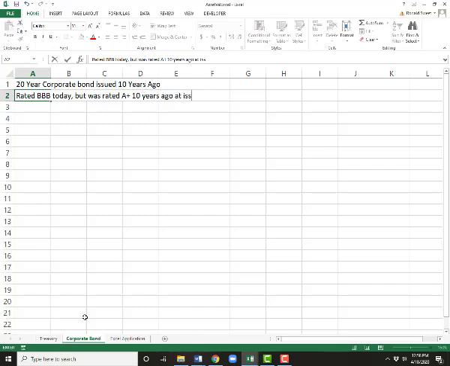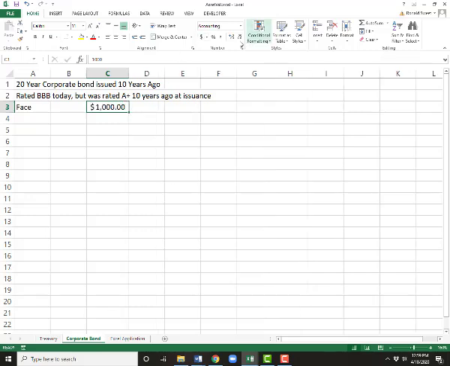When they issued this bond, remember initial issuance, we talked about that in a previous class, that initial time they go out to the market and borrow money, that goes through investment banks, an over-the-counter type of transaction. After that, the trading happens between investors, but that initial issuance, that cash goes to the corporation. And let's say the face value again is $1,000, just like we've been doing. We'll always do it as $1,000.